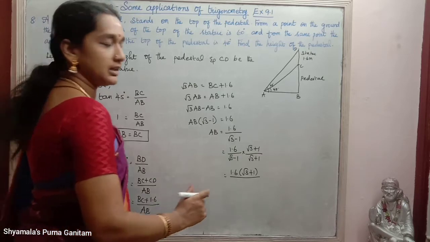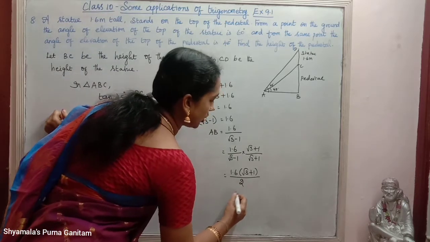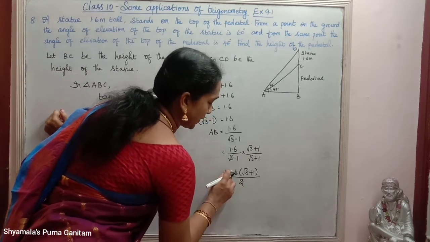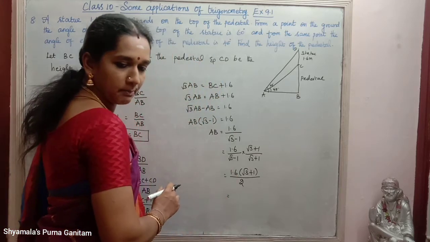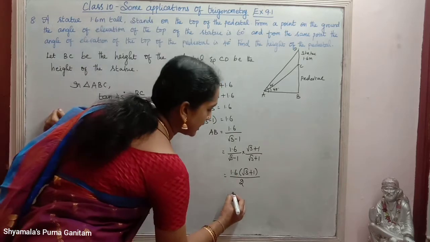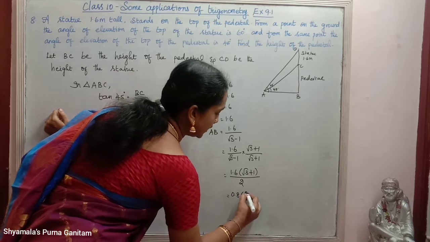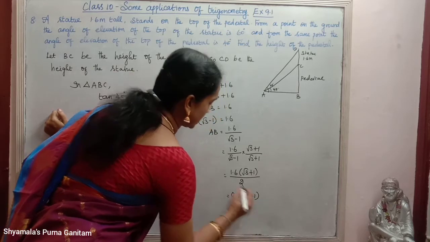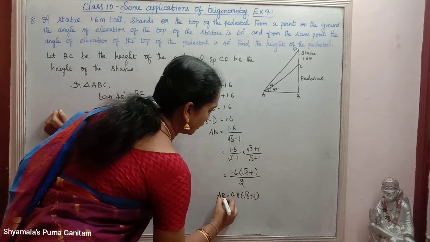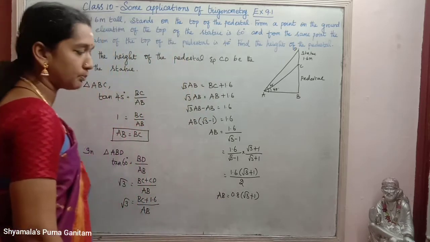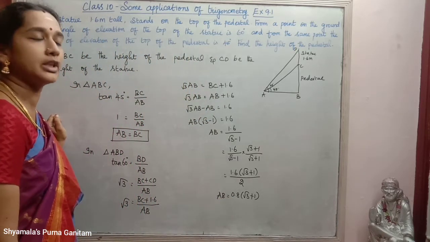So 3 minus 1 is 2. We will get the denominator as 2. When we divide 1.6 by 2, it is 0.8 into root 3 plus 1. This is the value of AB. AB is equal to 0.8 into root 3 plus 1.